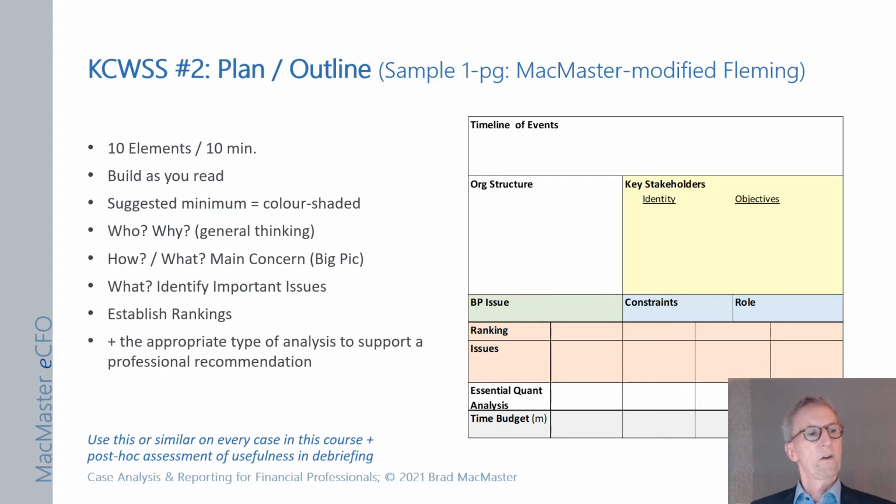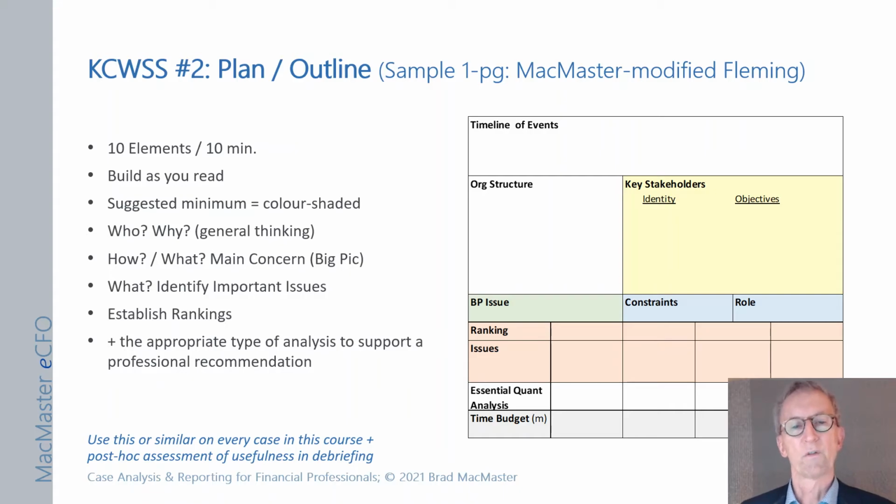All right. Other factors to include in your plan are identifying specifically the important issues, which you would do in the orange shaded boxes. And of course, this is designed for an integrated case in which you might have 4 main issues. They could be in different topics.